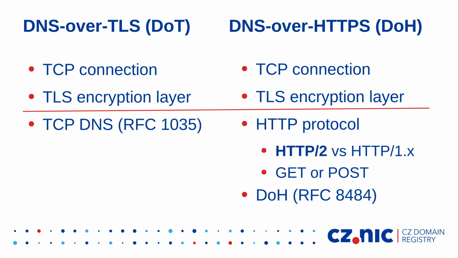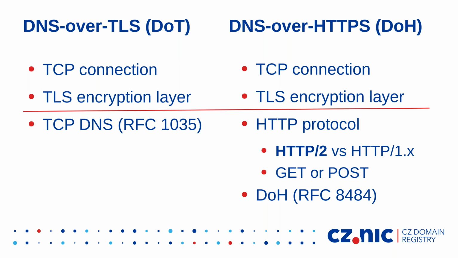With DNS-over-HTTPS, however, you need to put the entire HTTP protocol inside the encrypted layer. And the HTTP protocol isn't actually one thing. There are multiple versions that have almost nothing in common. I just want to stress that for DNS over HTTPS, you certainly want to use HTTP 2, since the older protocols have their own issues that also affect the speed of the resolution.